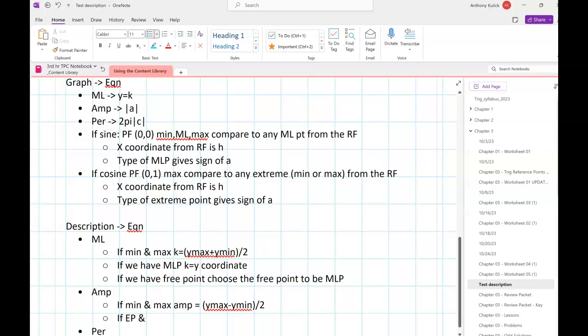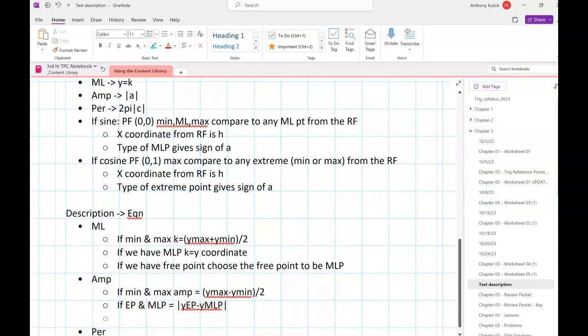If I have an extreme point and a midline point, it's just going to be the distance from the y-coordinate on the extreme point to the y-coordinate on the midline point. So I'll just call that an absolute value. That way, depending on which one you know, I don't want to muck around with a bunch of negatives. Just put an absolute value around it, and we'll call it good, right?